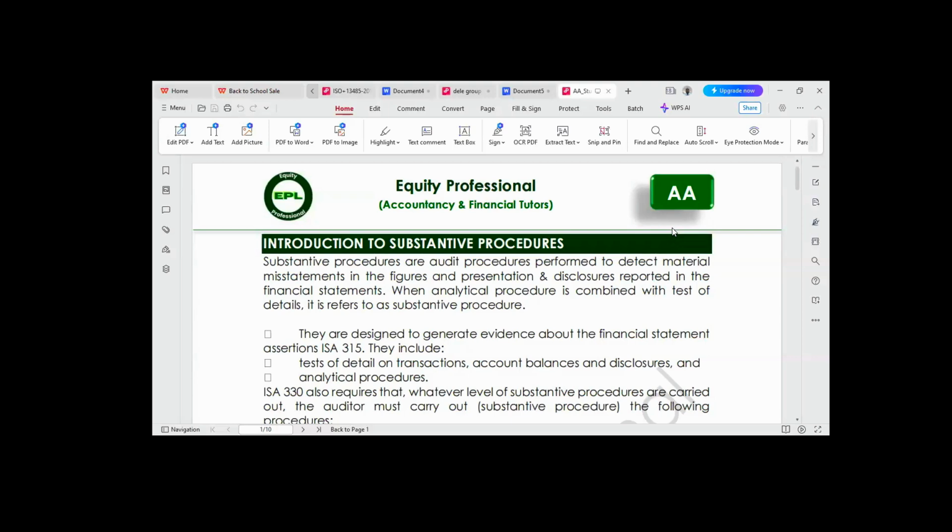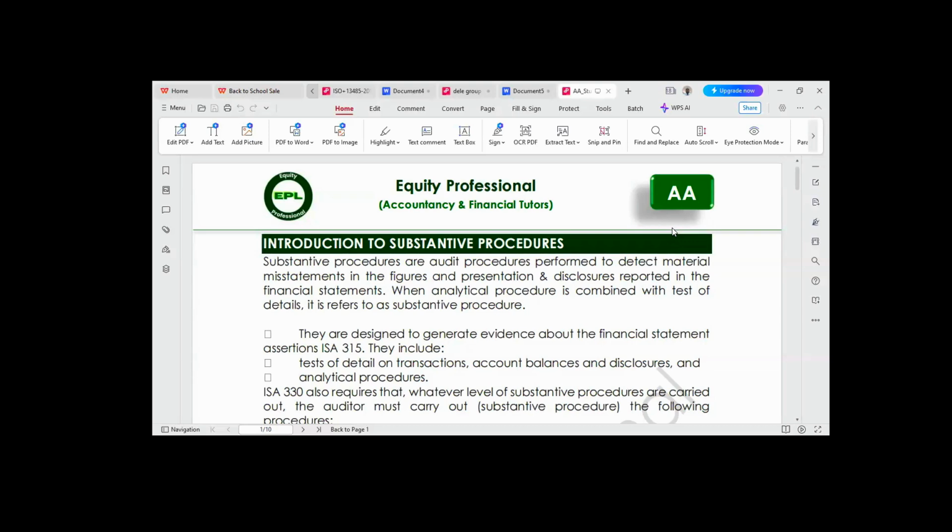Substantive procedure is just an additional procedure that is performed in order to place assurance on the audit evidence that is obtained or that will be obtainable from the client internal control system. Okay, that is what I need us to know.